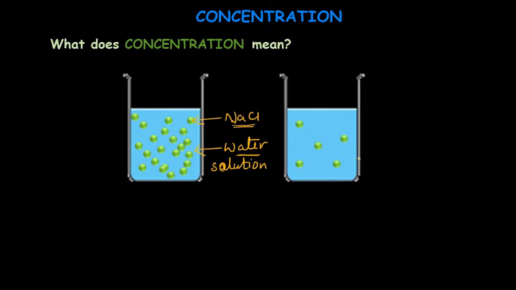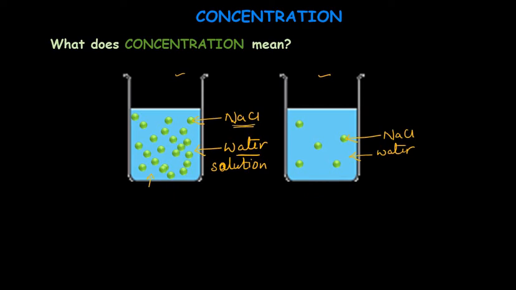Now suppose I have taken another beaker with the same solvent as water and NaCl, that is sodium chloride, common salt, as a solute. But now what's the difference between the two beakers? We can see that there are fewer particles of sodium chloride salt dissolved in this second beaker, and there are more number of particles of sodium chloride dissolved in the water.